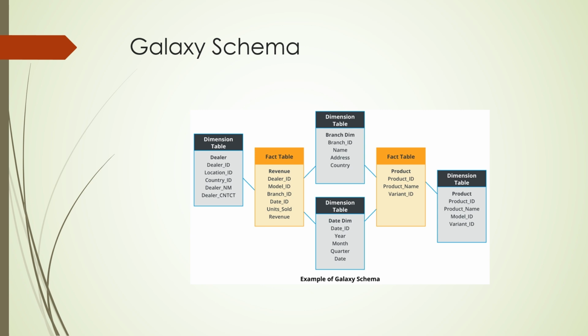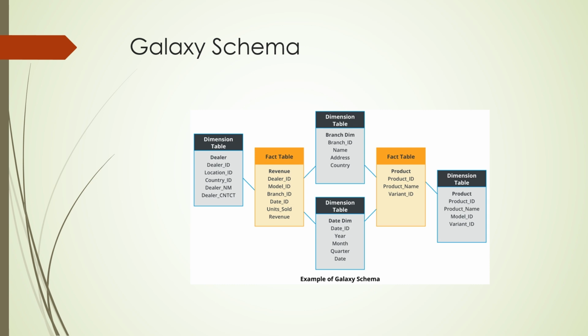But galaxy schema uses multiple fact tables, while the star and snowflake use only one fact table. Here in galaxy schema it will be using multiple fact tables, which makes it like an interlinked star schema. So this is nearly eliminating the redundancy and it is the idea of a complex database system.